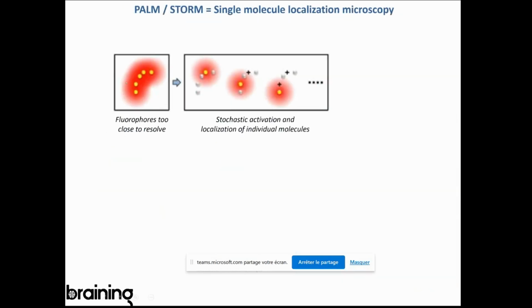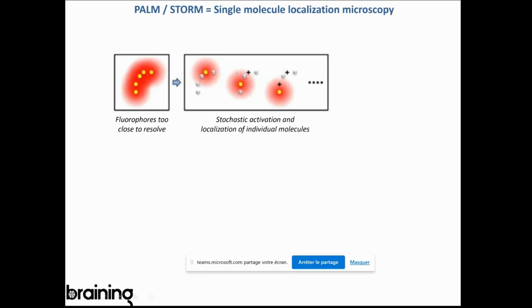In typical fluorescence, you shine light and excite all the fluorescent molecules at the same time. But for super resolution, you control the activation of your single molecules. They are activated, and then you can also turn them off.